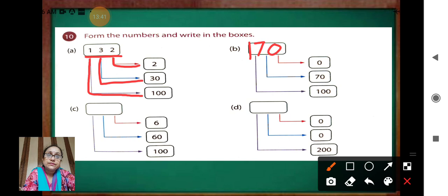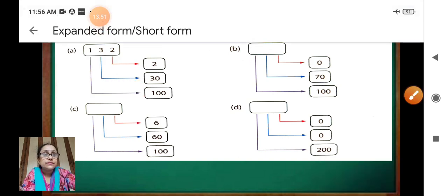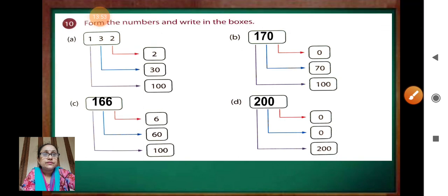Okay. Try to do question C and question D. Yes, start doing. Okay, correct answer. All are finished. Okay, very good.